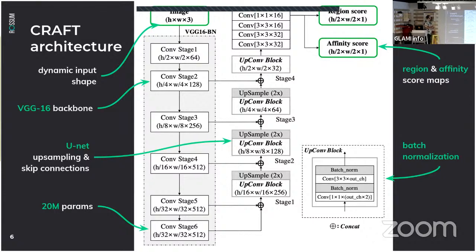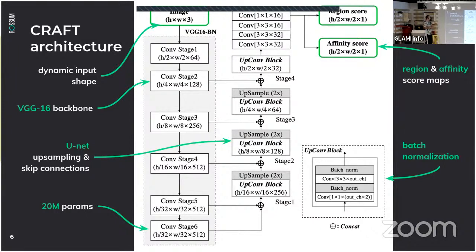And so the network has a dynamic input shape, so it can accept images of different sizes. Then there's a backbone based on VGG16, which is, even in 2019, a little bit outdated, but it is there.